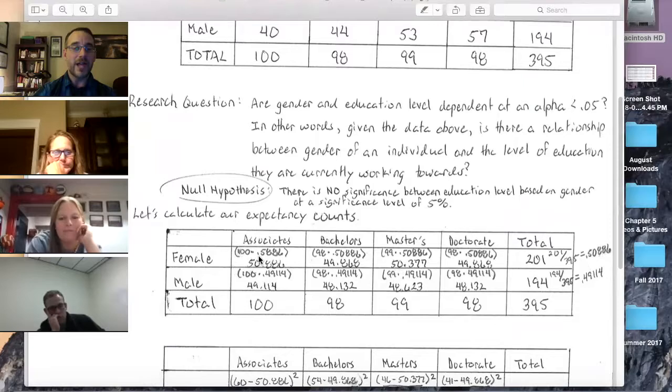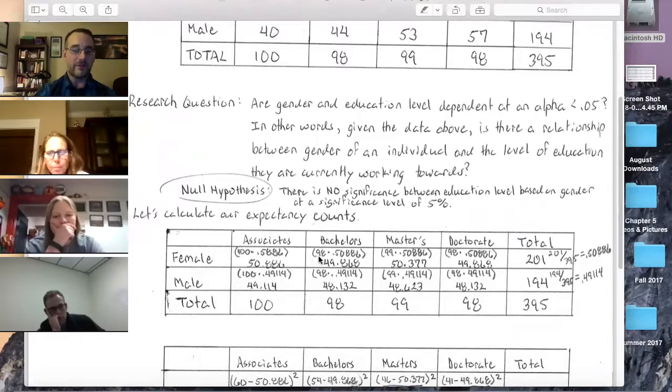So 100 times 0.50886 is going to be 50.886 females out of 100 working on their associate's degree. 100 times 0.49114, we would expect that randomly, out of 100, 49.114 of people working towards their associate's are going to be males.